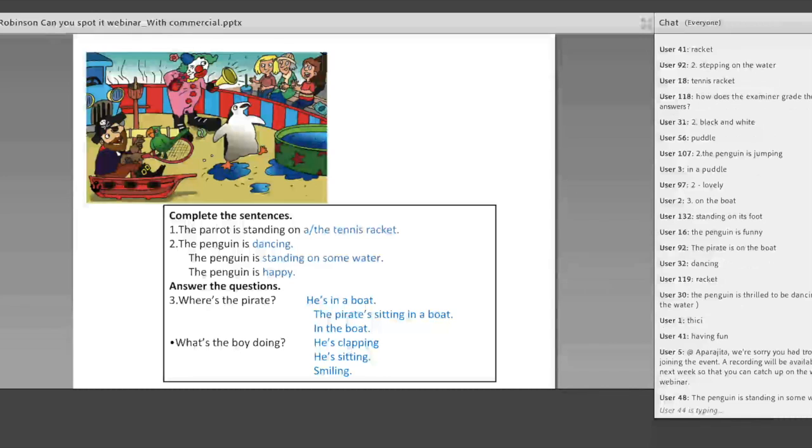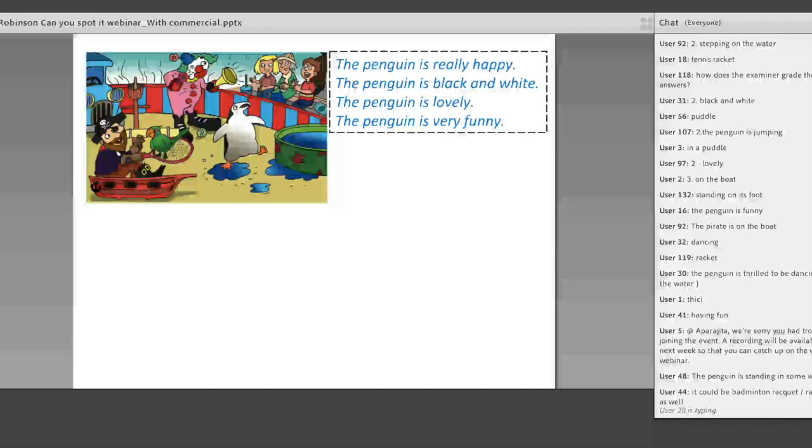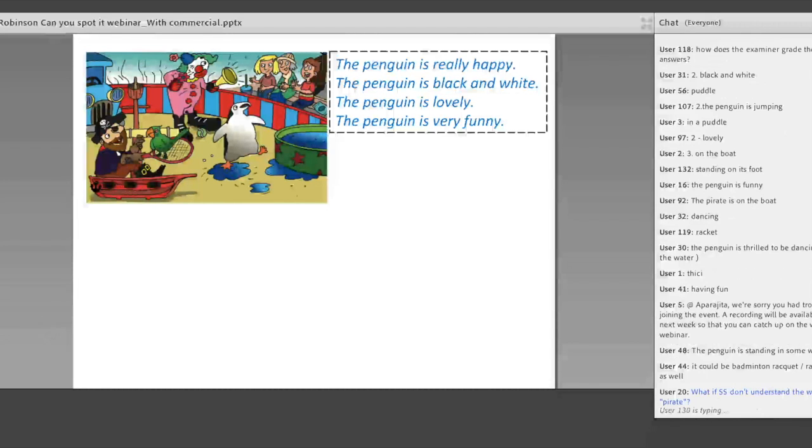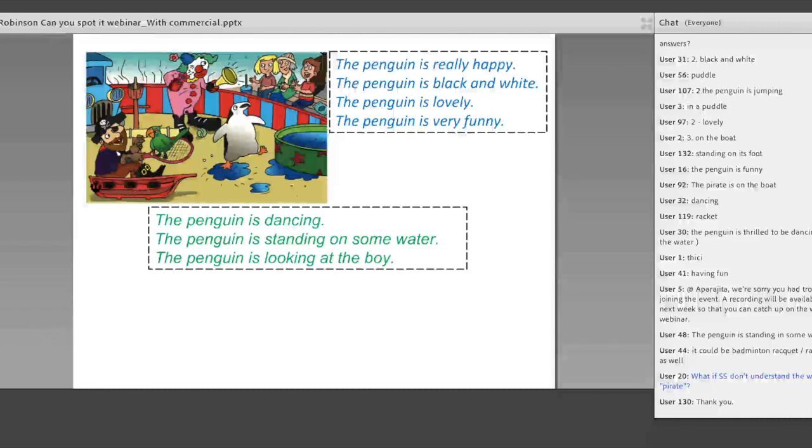Training our students to do this task and to think of ideas for things that they could write is very important. For the penguin, for example, they could write adjectives to describe the penguin's feelings and opinions. Adjectives are one area that they can use to complete the sentences.